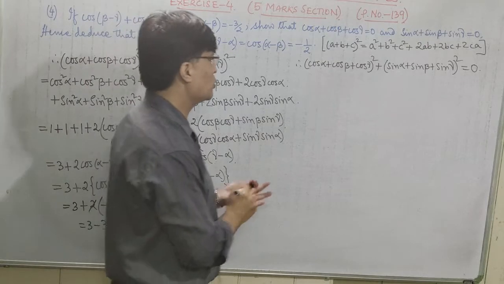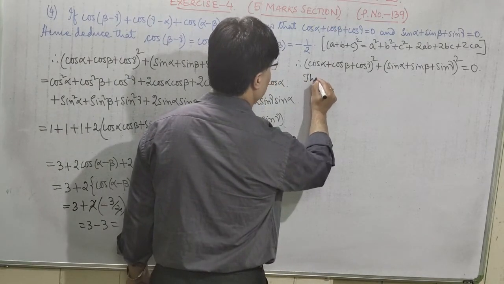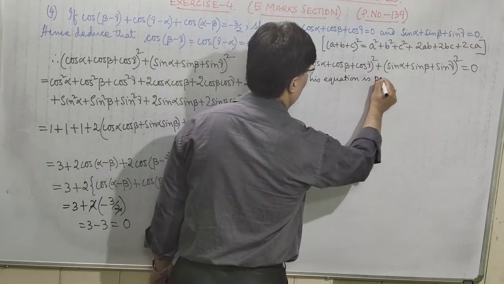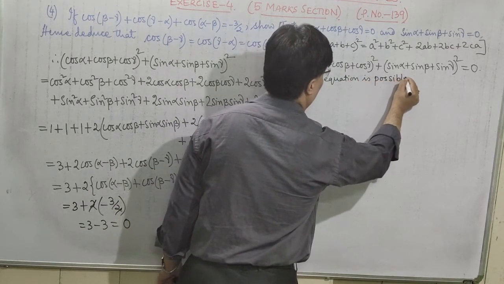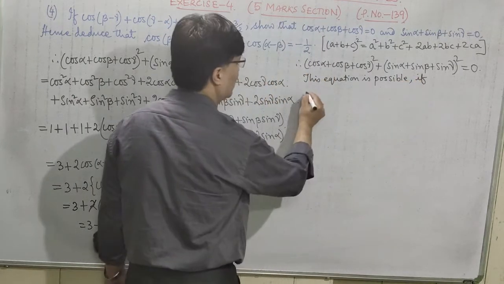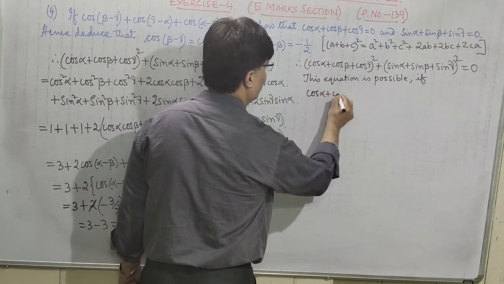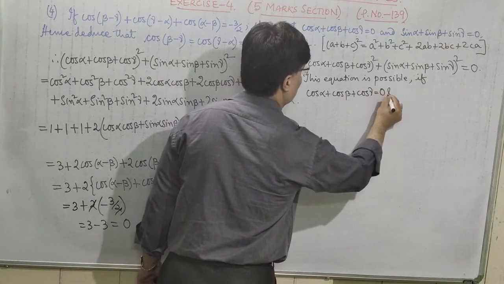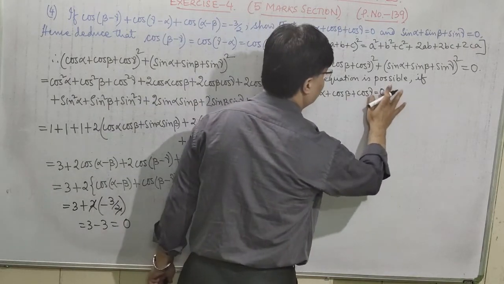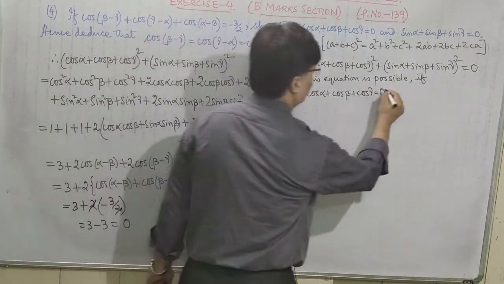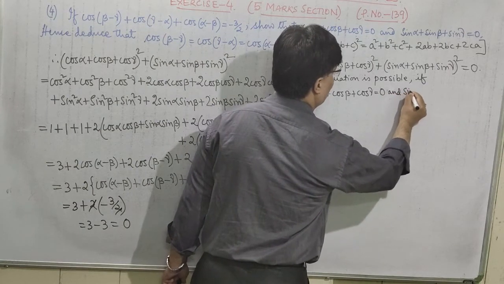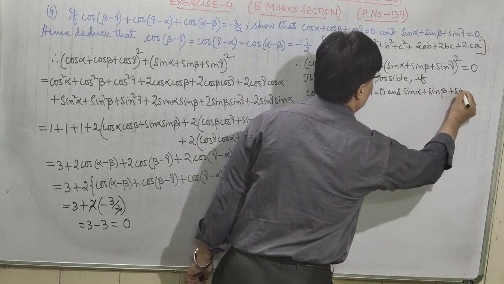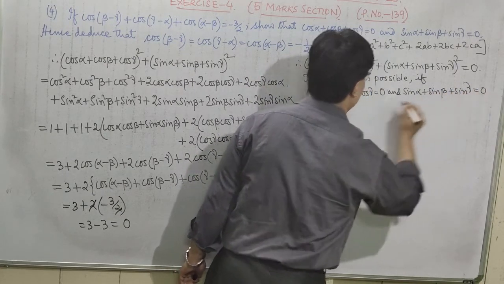Is that understood? So you have to write here, this equation is possible if cos alpha plus cos beta plus cos gamma is equal to 0 and sin alpha plus sin beta plus sin gamma is equal to 0.